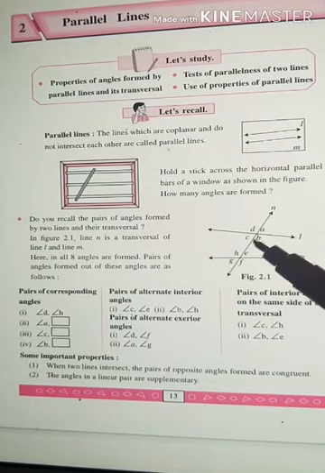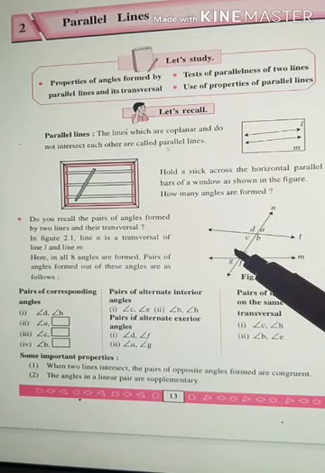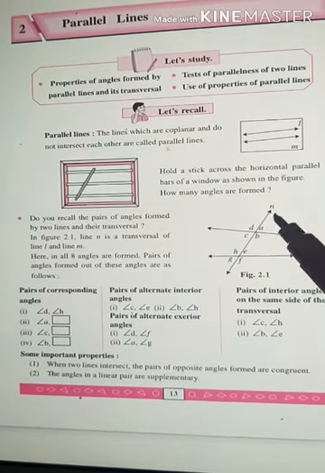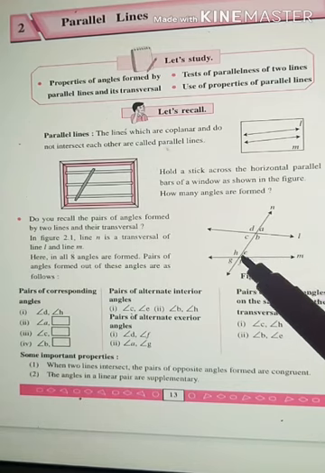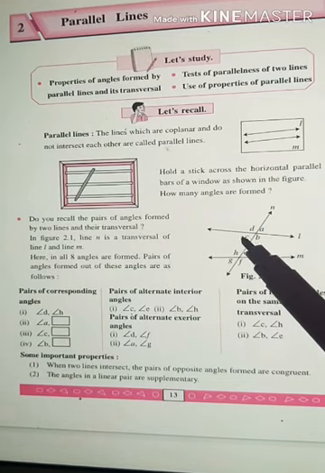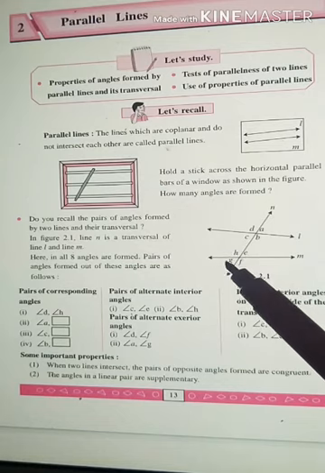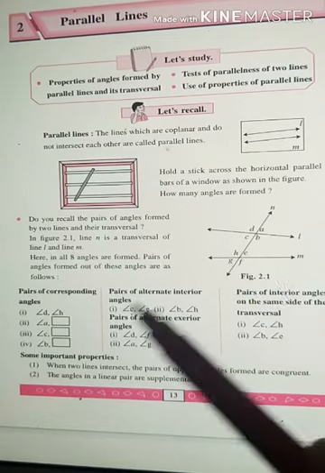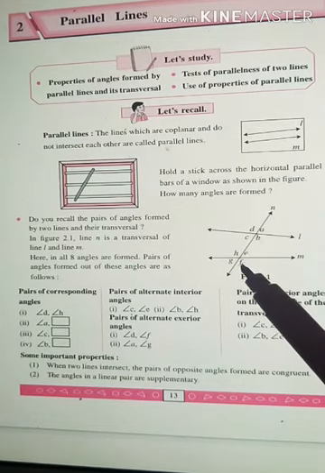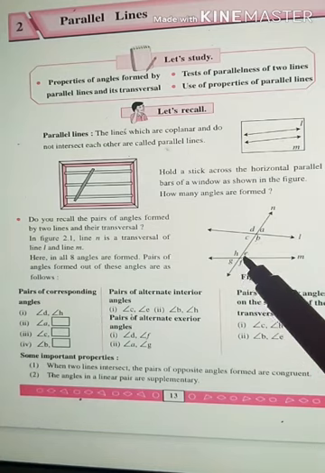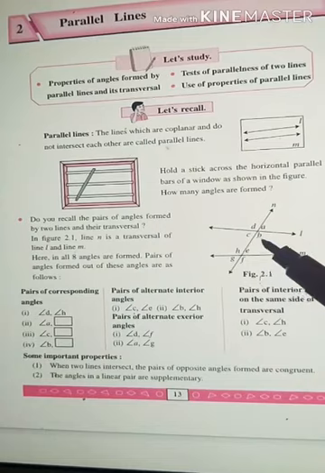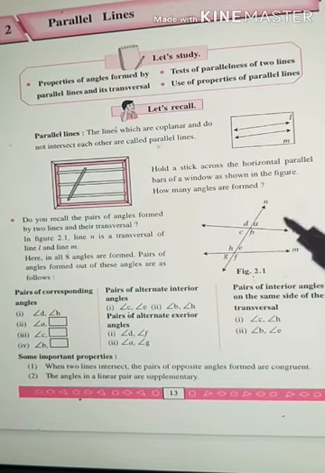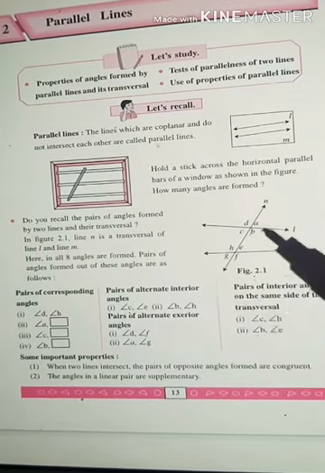Similarly, this side, first and third, second and fourth. So D and H, A and E, angle C and angle G, angle B and angle F. Don't take the next one, take the third angle. After leaving one angle, you have to select the next angle for corresponding angles.